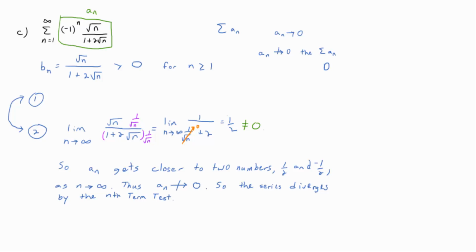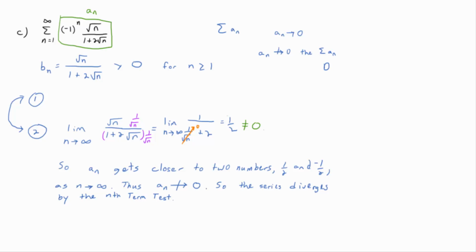And then right away you can make a conclusion that looks like this. If Bn doesn't converge to 0, An is going to converge to two different numbers, always: whatever Bn converges to and the opposite of whatever Bn converges to. Or if Bn diverges to infinity, then An is going to diverge to larger and larger numbers and smaller numbers, in absolute value terms.